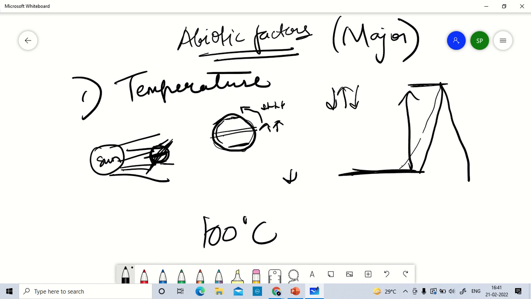Organisms which can thrive in a wide range of temperatures are called eurythermal. Organisms which have a narrow range of temperature are known as stenothermal. Most poikilotherms are stenothermal and most homeotherms are eurythermal. Homeotherms are warm-blooded animals and poikilotherms are cold-blooded animals.